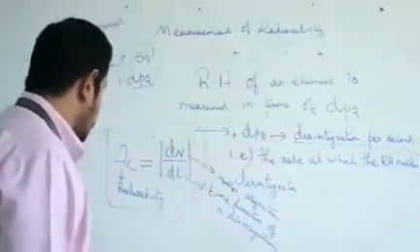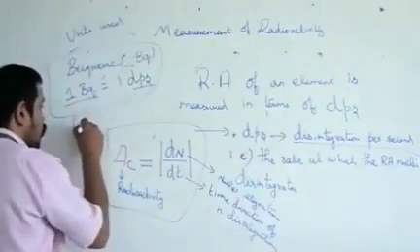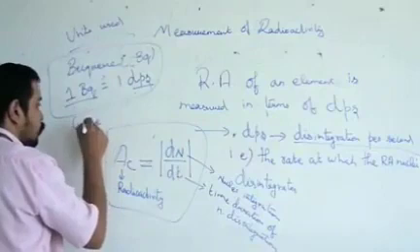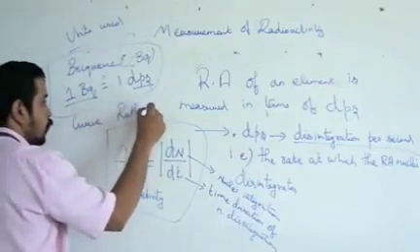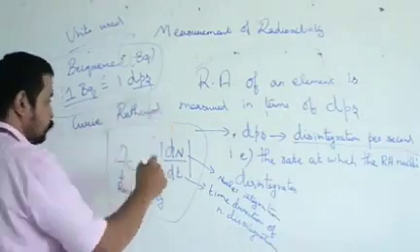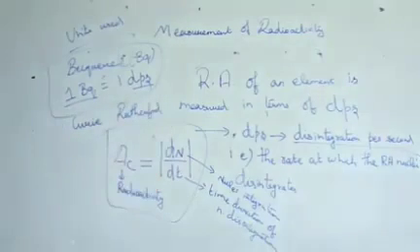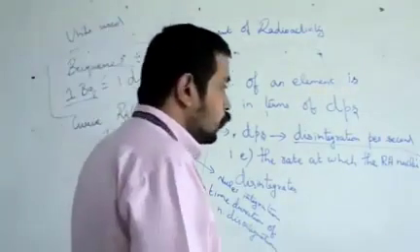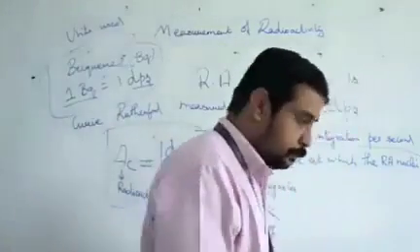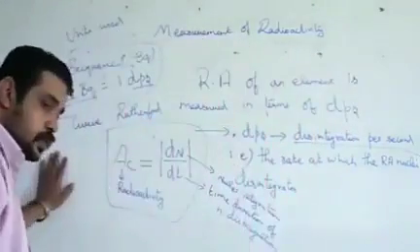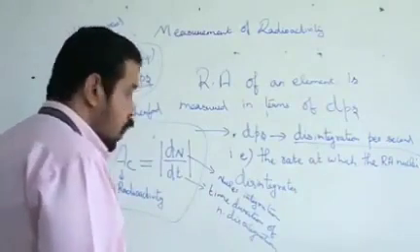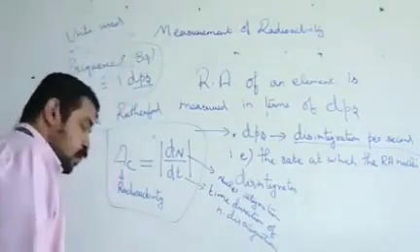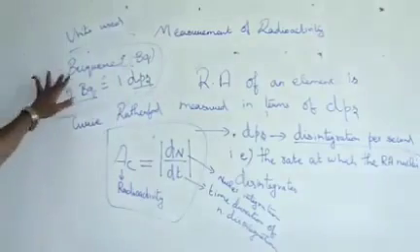Other units of radioactivity include Curie and Rutherford. Okay, so those are the other units of radioactivity, but the most commonly used one is becquerel.